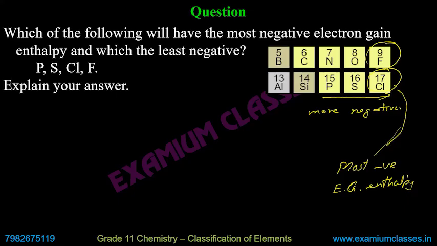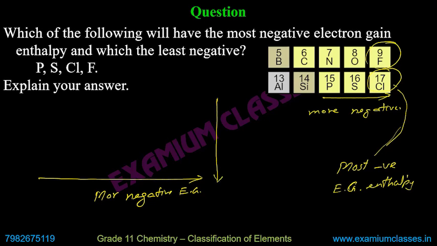Because by trend, down the group, it becomes less negative. It means moving upward, it becomes more negative if I change the direction.